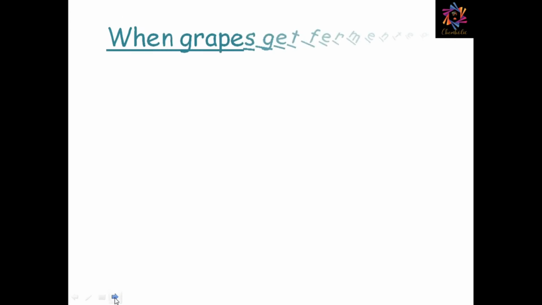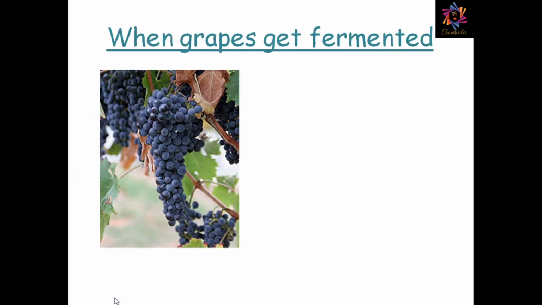So taking the first situation, that is when grapes get fermented. See guys, in the first picture the grapes look very healthy, and you all must have seen grapes like this. But now see, when they get fermented, it is the conversion of glucose into alcohol, which you all must have read before in your previous classes.